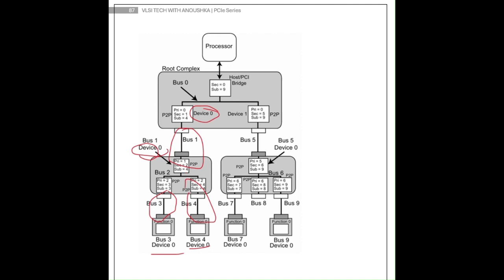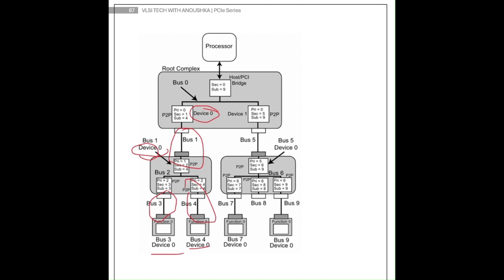A PCIe link is a point-to-point connection. A P2P bridge is required either in the root complex or in a switch to connect multiple devices. However, the connection among P2P bridges, either inside the root complex or inside a switch, is multi-drop.